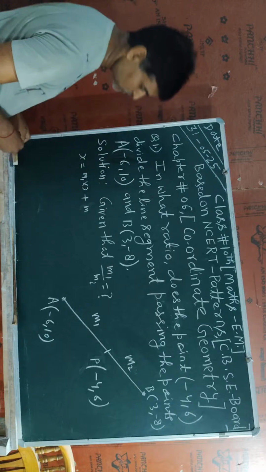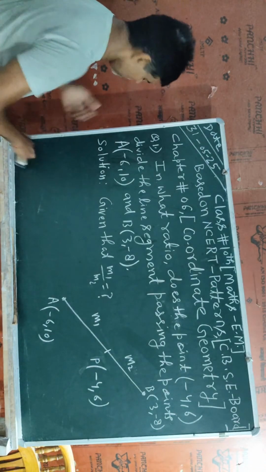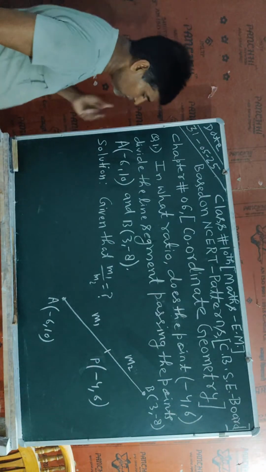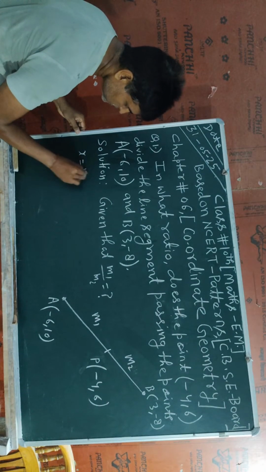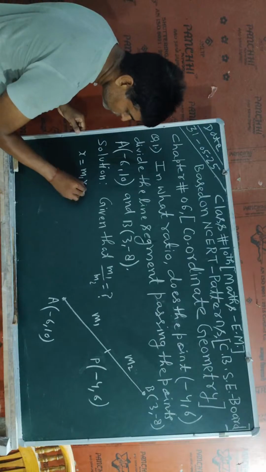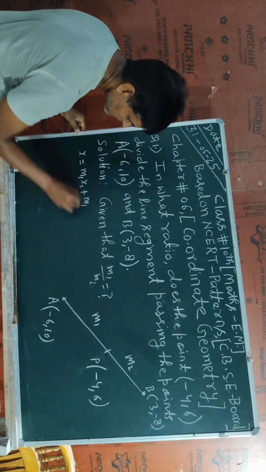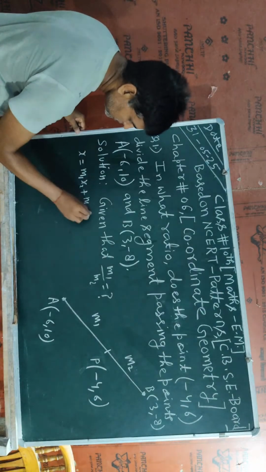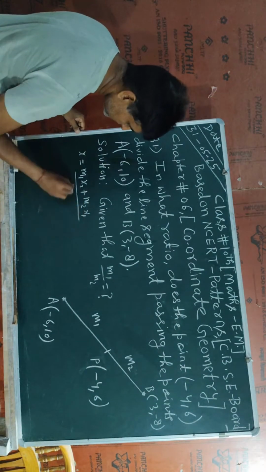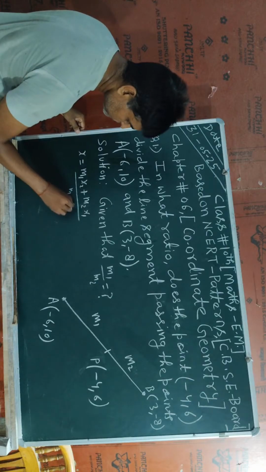First of all, I am going to write the formula, and after using the formula you will substitute, because then each and every student will know very easily. So x equals (m1 x2 plus m2 x1) divided by (m1 plus m2).